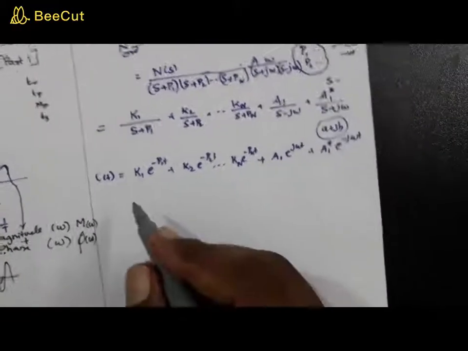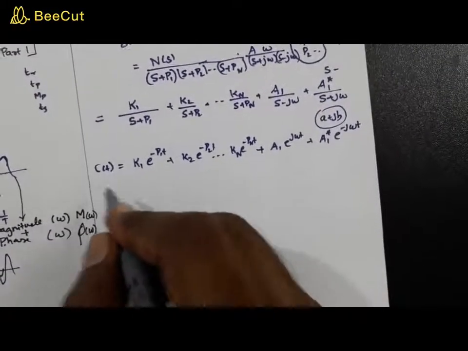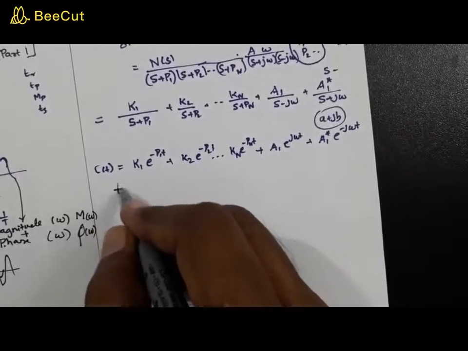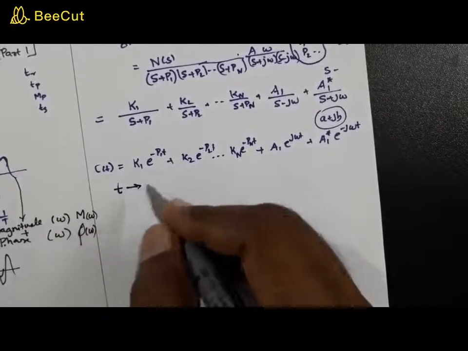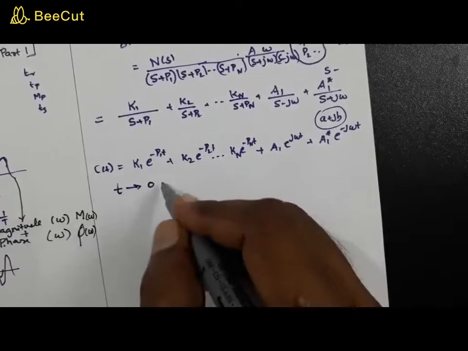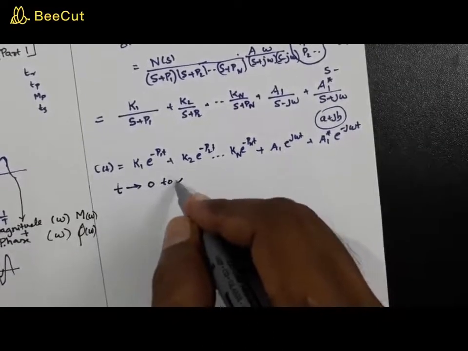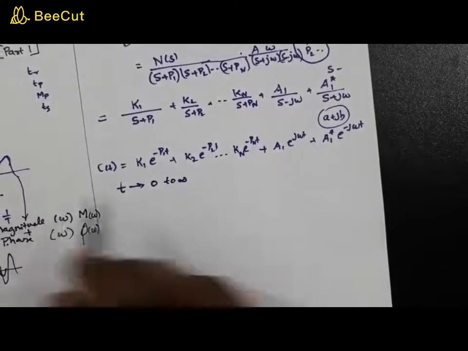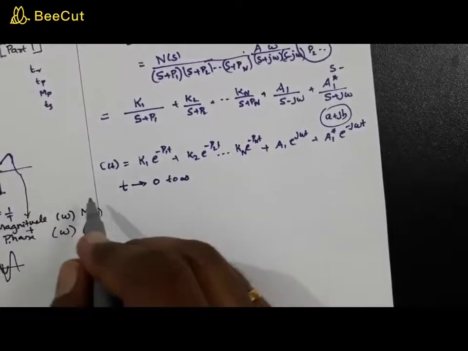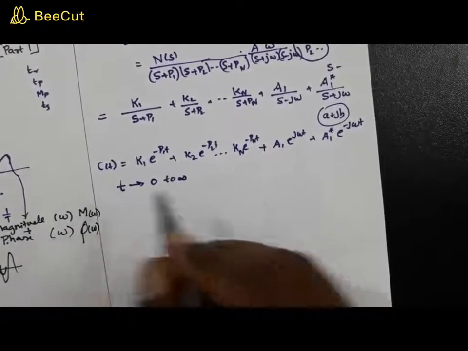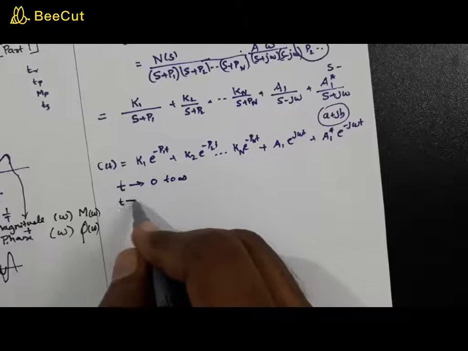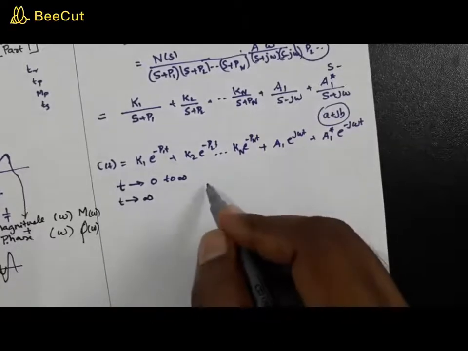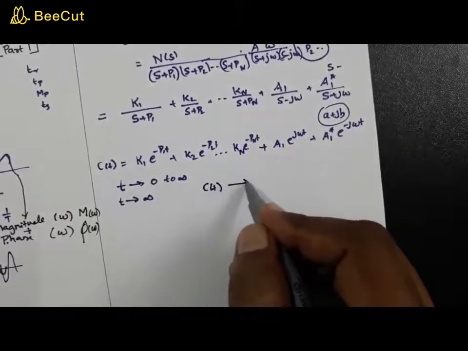Now let's see what happens as I increase t. As t varies from 0 to infinity, and as t tends to infinity, we have seen that c of t approaches its steady state.